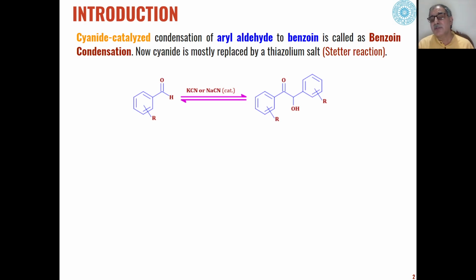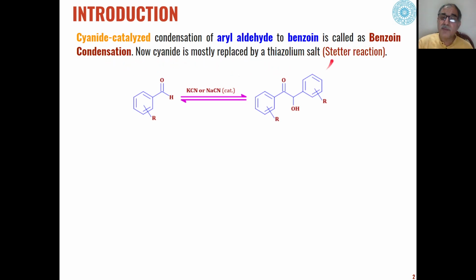alpha beta unsaturated ketones or their derivatives to give us 1,4 addition products. And formation of 1,4 addition products is called the Stetter reaction, whereas a reversible formation of 1,2 addition products is known as benzoin condensation.